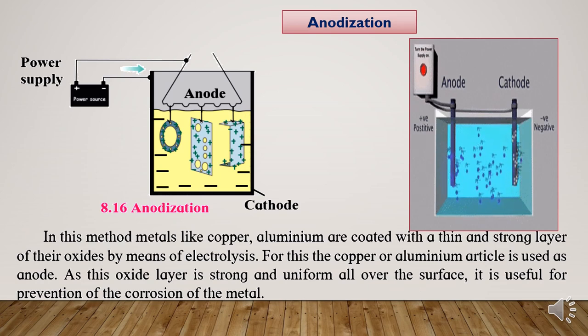Okay, so this is also a very interesting method. You all can see metals are coated electrically and it helps protect the metal from corrosion and it doesn't get corroded very easily. Usually what is it used for, which metals is it used on? It is used for copper and aluminium.